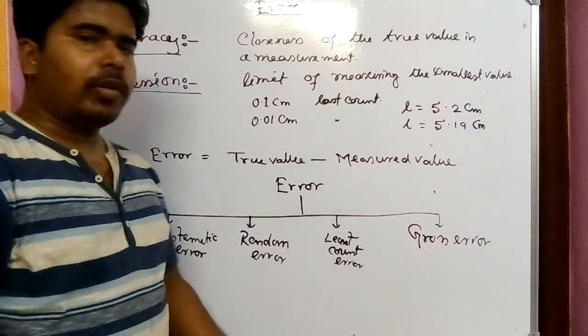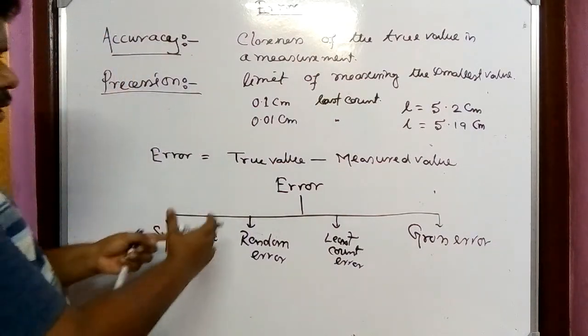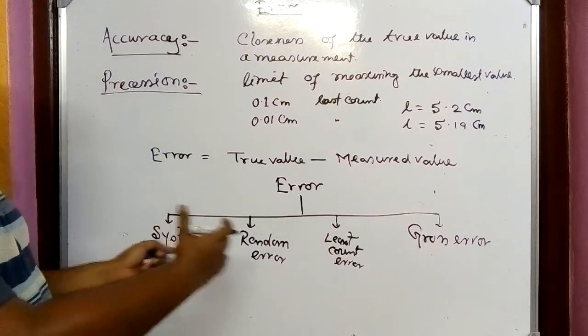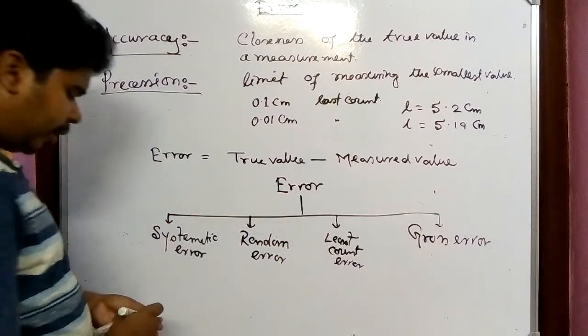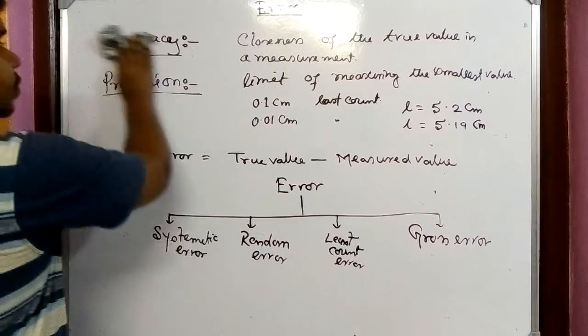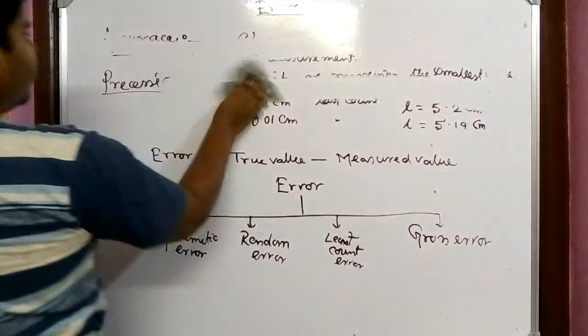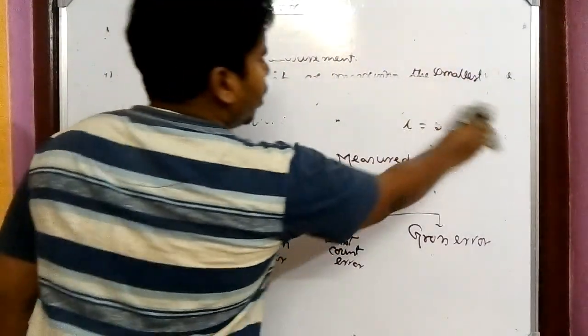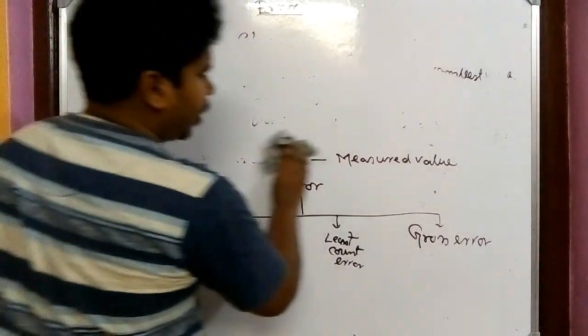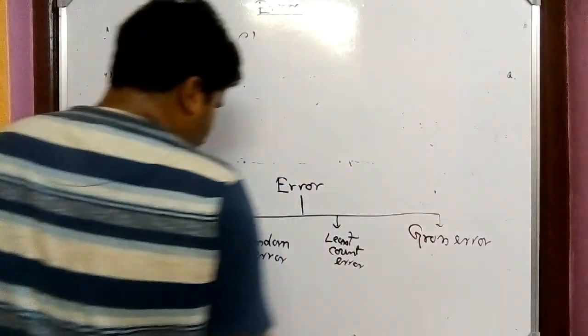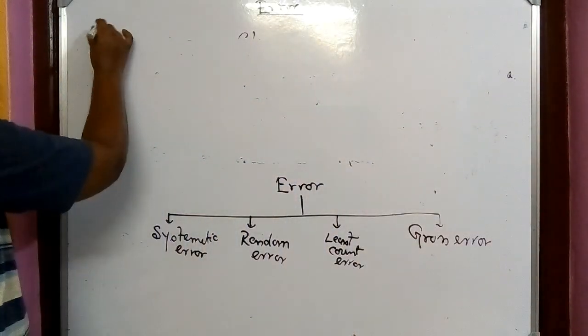Okay, so we will try to look at each one individually. What is systematic error? We have to start from here. Okay, so I'm erasing this. If you want to write, pause the video here and write it. So first we will go for systematic error.